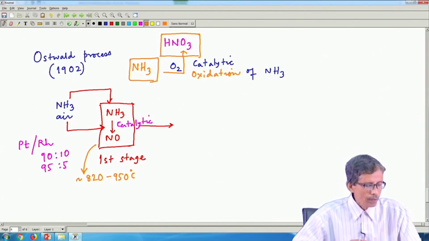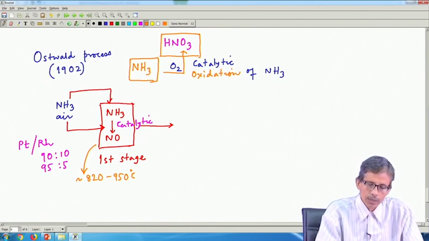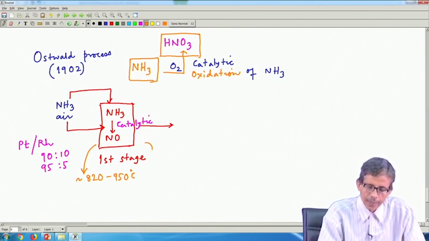So, all these things we are utilizing, and along with that we should always be concerned about the corresponding side reactions.